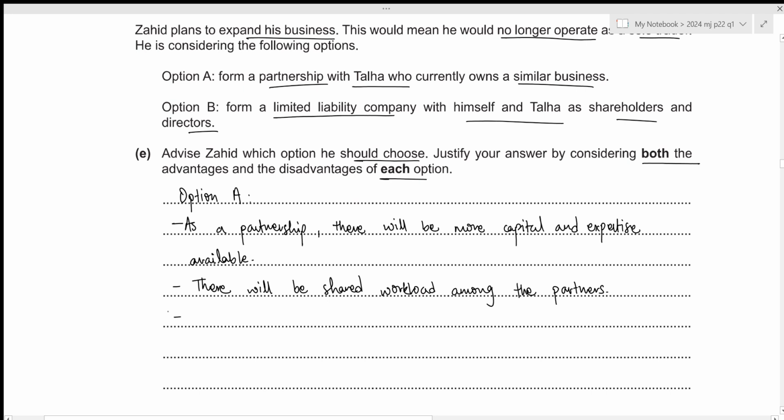Now let's talk about disadvantages. The major disadvantage of moving from a sole trader to a partnership business is the possibility of disagreements, which could lead to slower decision making. Let's write it down.